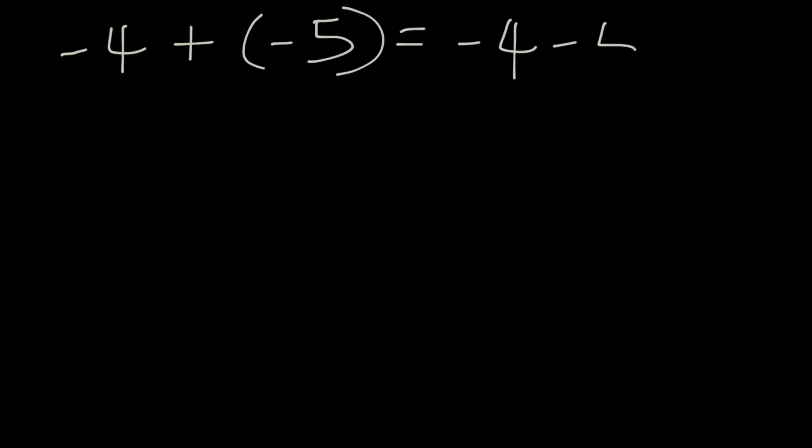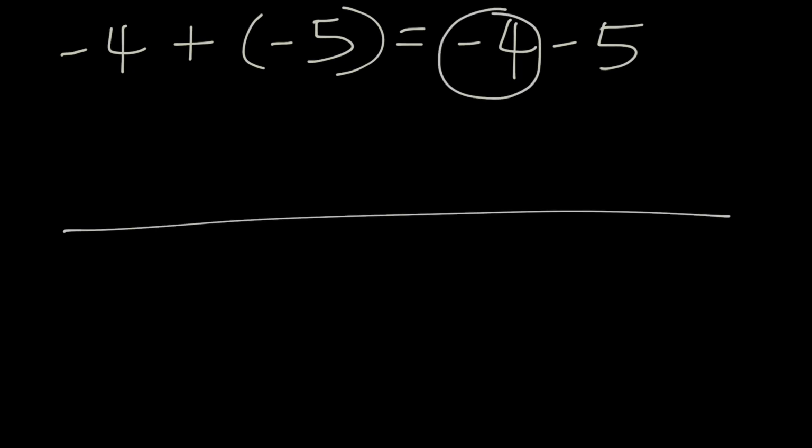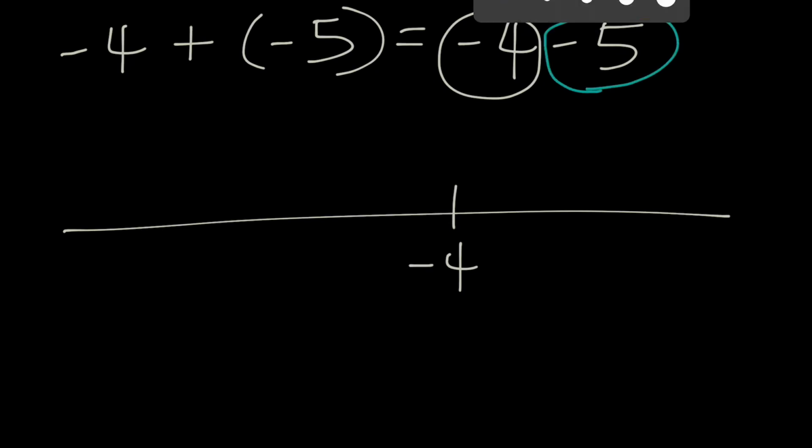Here's another example. Negative 4 plus negative 5 equals. This question again can be written as negative 4 minus 5. Let's start with negative 4 on the number line, and we're going to head toward the left 5 spaces.